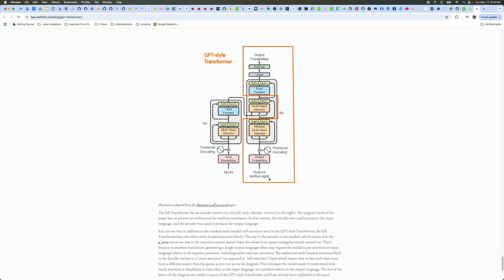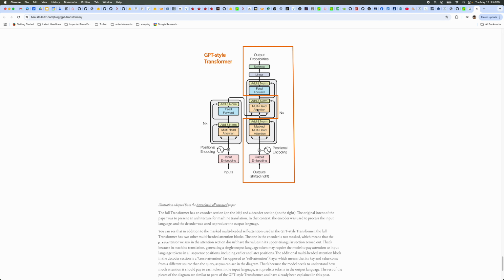How that works is we feed our prompt to the decoder and get the embeddings of our tokens for the input prompt. Here we feed the input to a masked multi-head attention, which is different from the encoder attention.